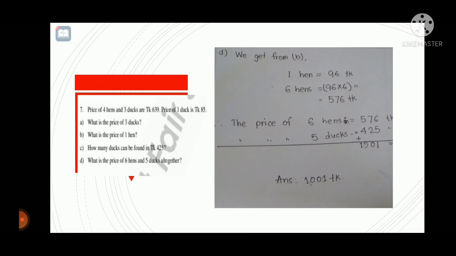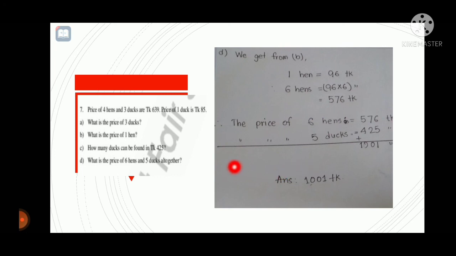Then we have to write, we get from B 1 hen is equal to 96 taka. So 6 hens is equal to 96 into 6. That means we have to multiply 96 with 6. Then we will get 576 taka.